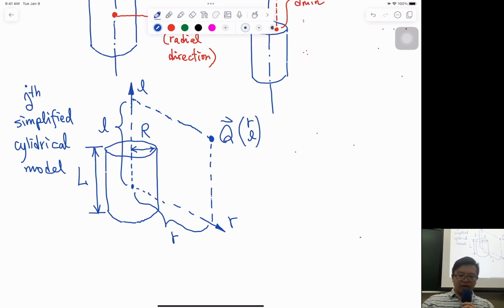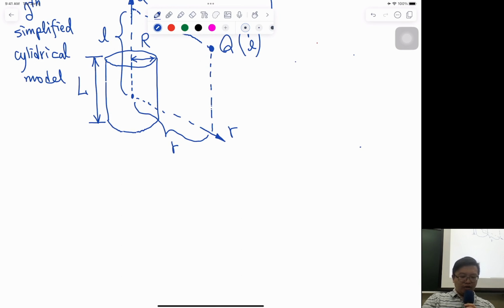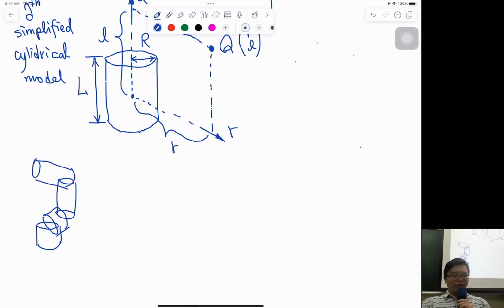So in fact, your robot arm will be looking like this. One cylinder, the other one probably looking like this, the third one probably looking like this, another one. So there will be multiple cylinders, and they will be overlapping with each other. It's okay to overlap, because you are basically having a spherical obstacle.